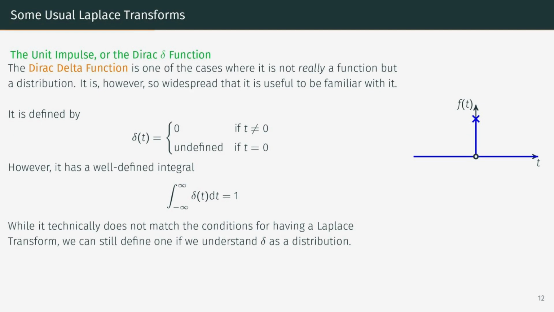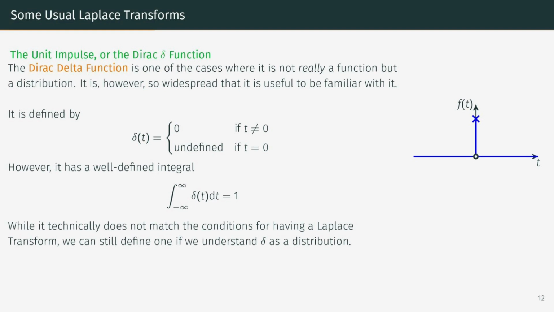First, we will look at the unit impulse, or the Dirac delta function. The Dirac delta function is one of the cases where it isn't really a function, but a distribution. It is, however, so widespread that it's useful to be familiar with it.